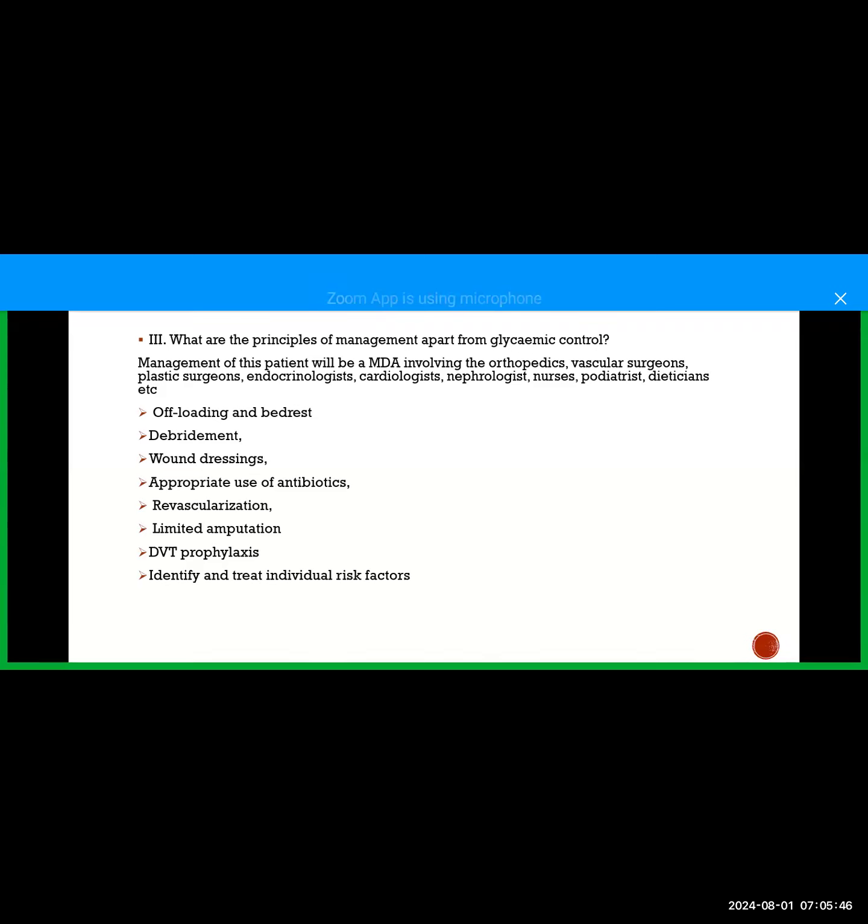Also identify and treat individual risk factors. If the patient has diabetic visual impairment, they need to see the ophthalmologist, and dietitians also. If the patient has other cardiovascular risk factors, they need to be attended to. This patient's creatinine is already elevated, so the nephrologist also needs to review this patient.